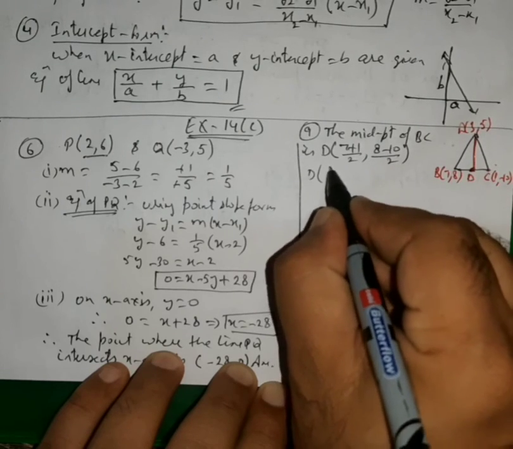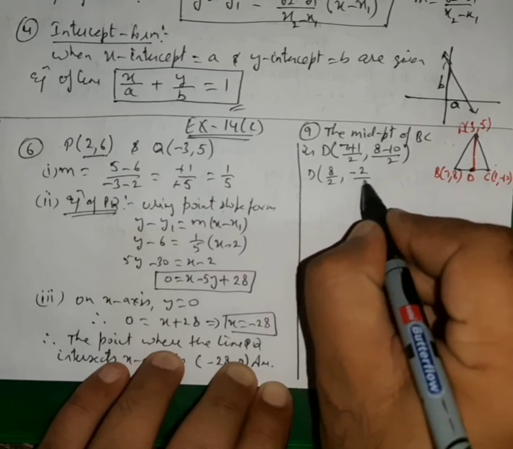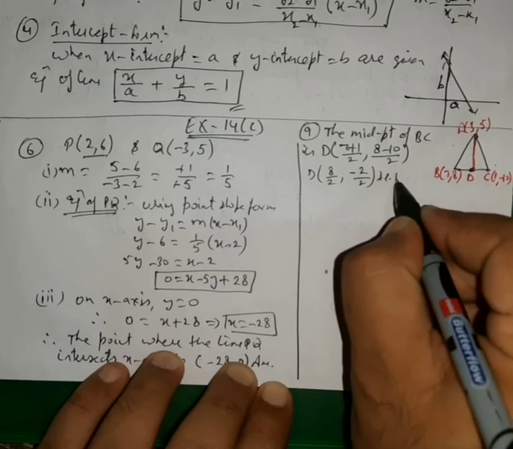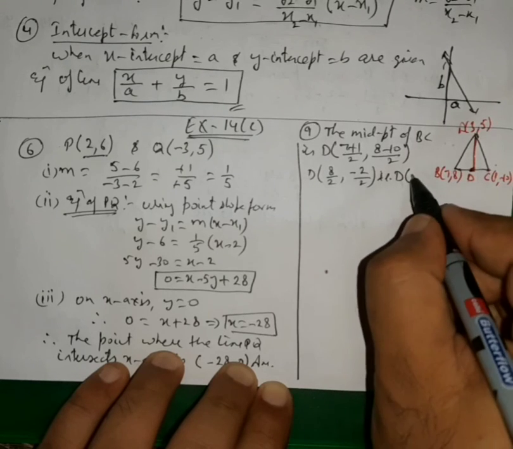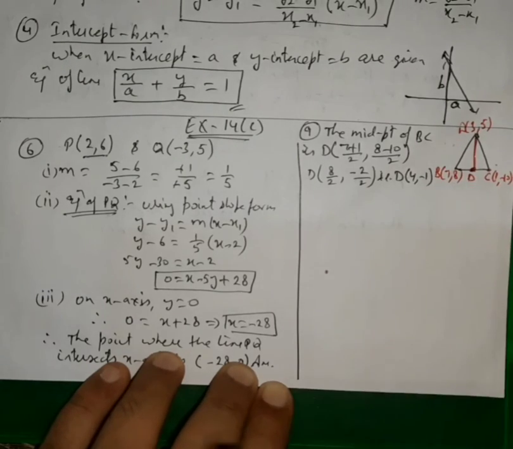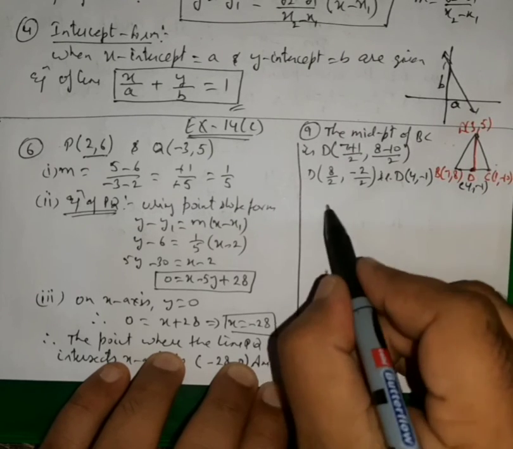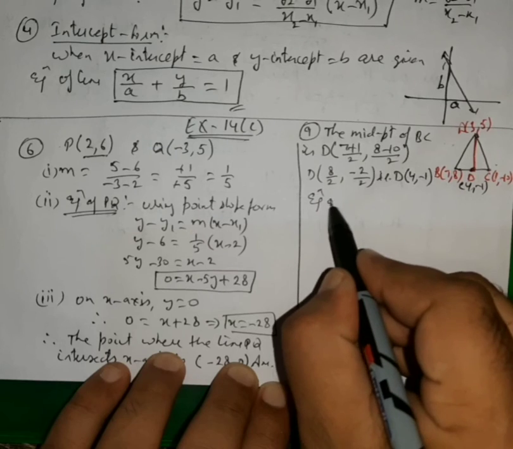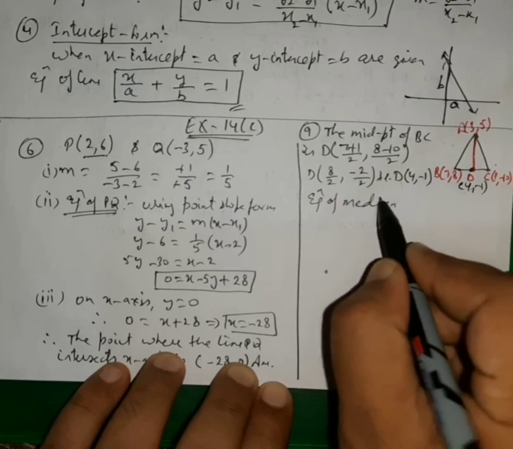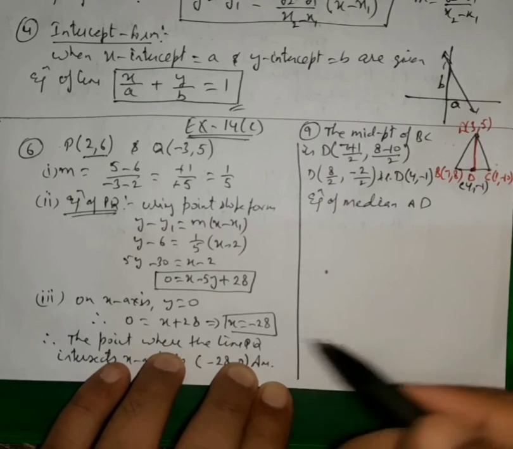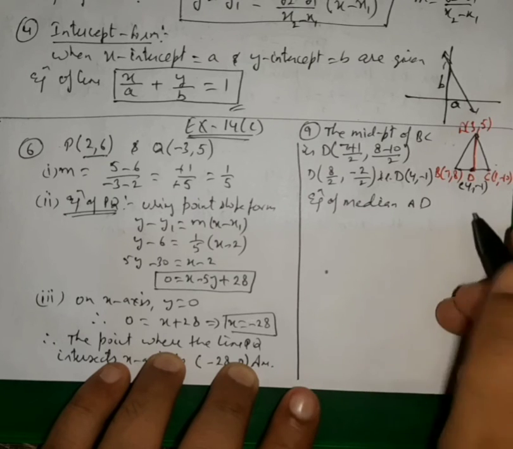So that will be 8/2, -2/2. That is, the coordinates of D are now (4, -1). So this point is (4, -1). Now the equation of AD. So the equation of median AD can be given by using the 2-point formula.